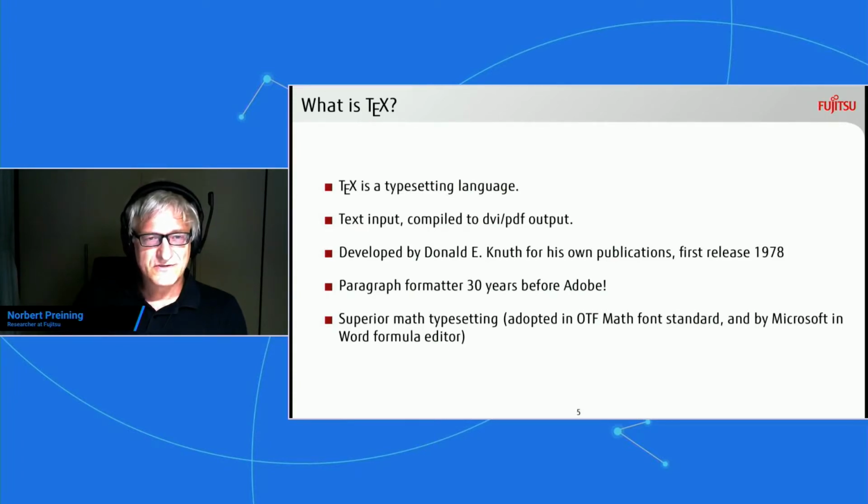It has had quite some development since then. Just one hint: Adobe, a few years ago, celebrated the introduction of a paragraph formatter for text, so that you look not line by line like Microsoft Word is doing, but format it, breaking lines according to the whole paragraph. Well, that was open source 30 years ago by Don Knuth. It was Adobe who was a bit late.